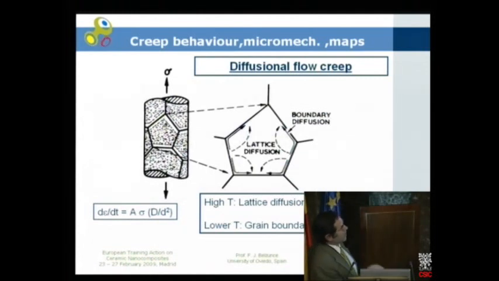In this case, we also can differentiate two different situations. At high temperature, lattice diffusion is the dominant micromechanism, and if we are dealing with lower temperature, in this case, grain boundary diffusion is the mechanism which dominates.